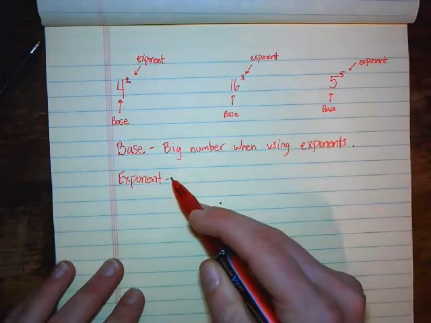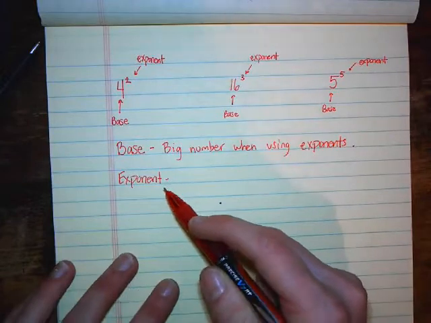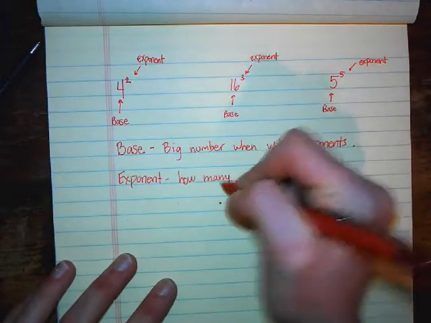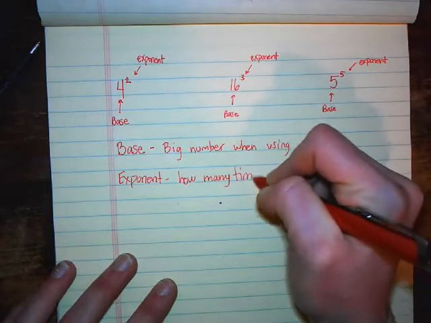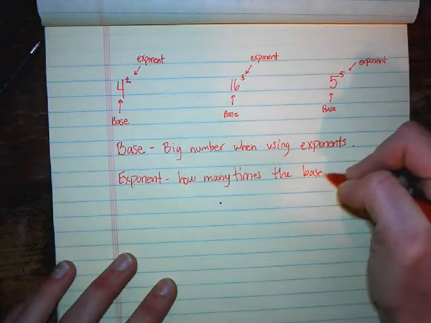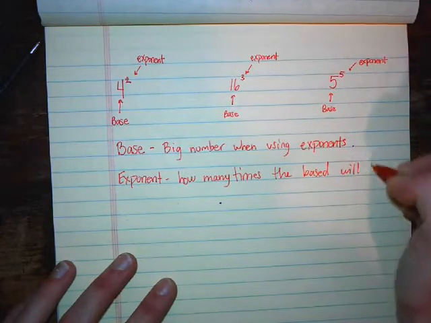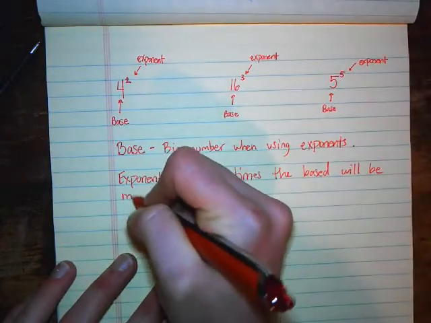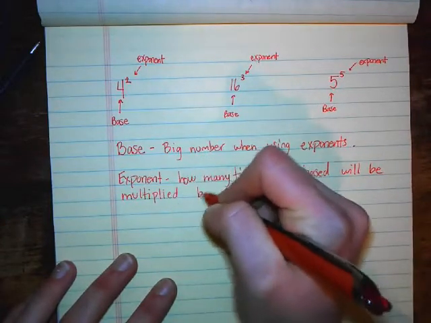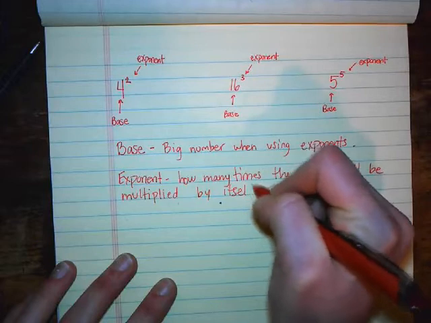And the exponent, as you may recall, is going to tell us how many times the base will be multiplied by itself.